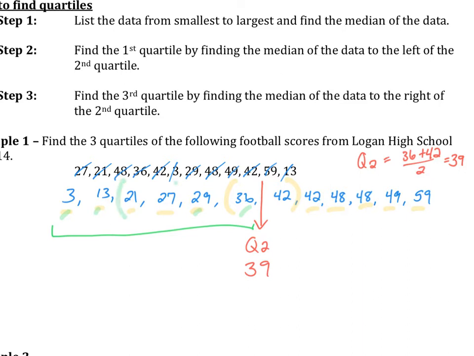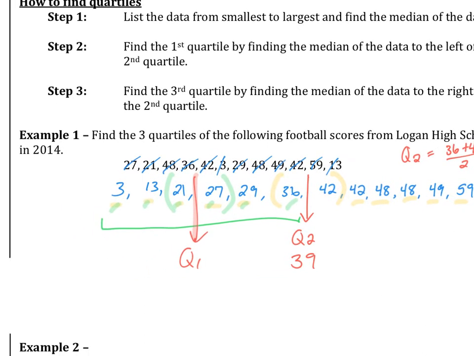We're left in between 21 and 27, because we cross these off, it'd be directly in between there. The first quartile is between 21 and 27, so Q1 is 21 plus 27 divided by 2. We will get 24.